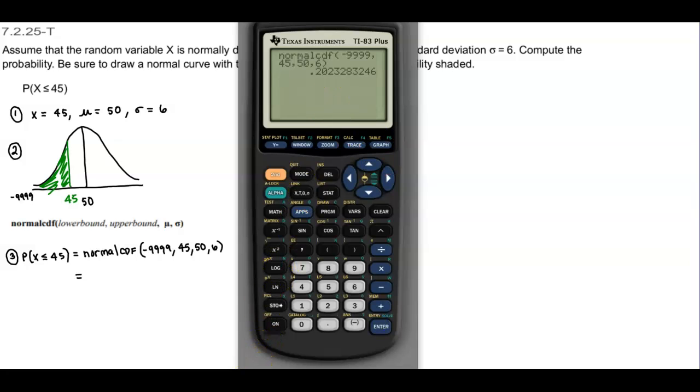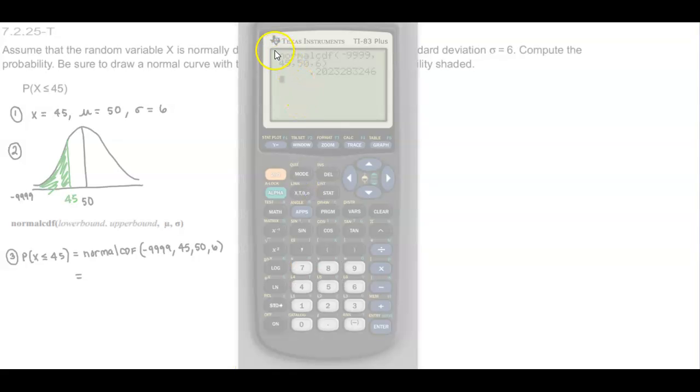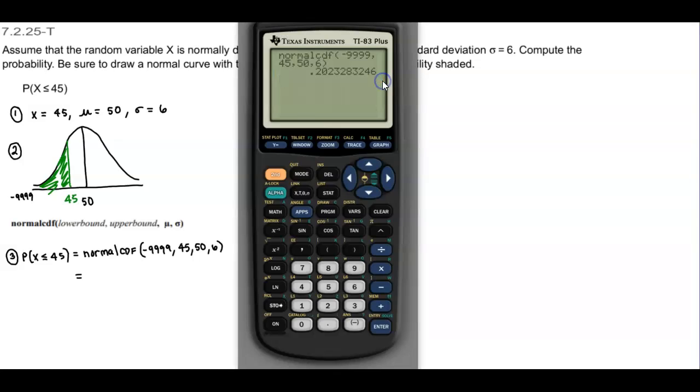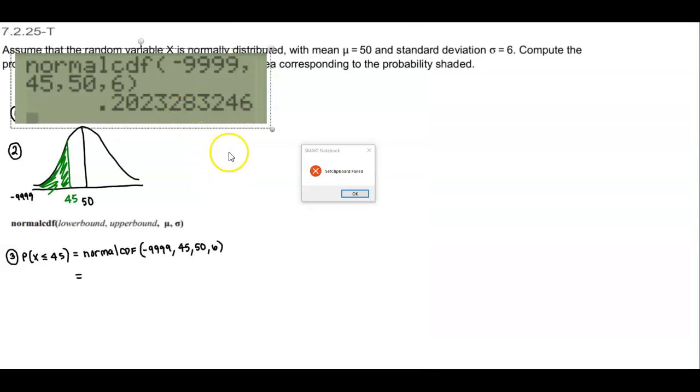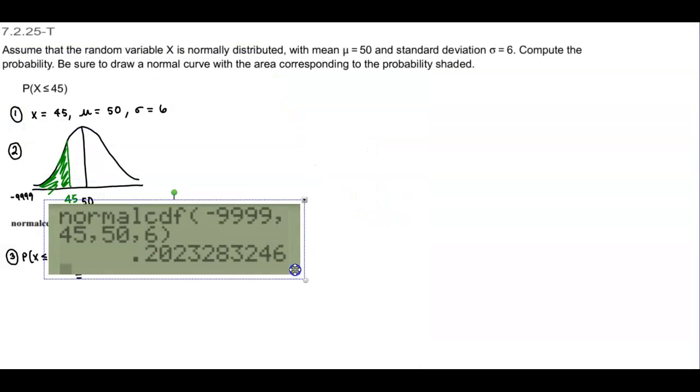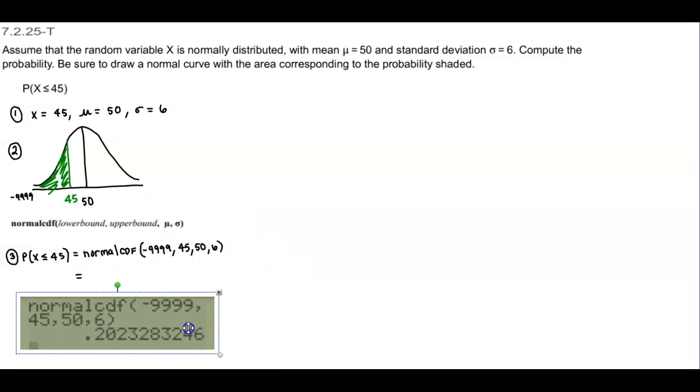Okay, and then let's take a look at what that area is given to us. Okay, so if we round it to 4 decimal places, we get 0.2023.